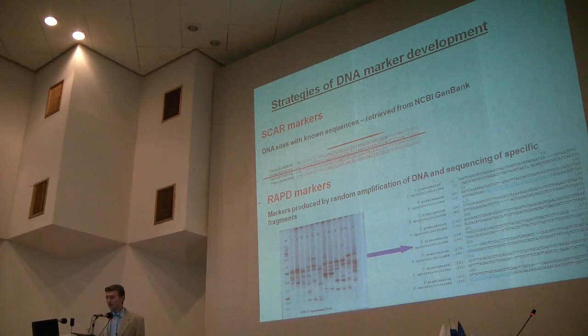There are some strategies for DNA marker development. The first strategy is using DNA sites with known sequences retrieved from databases such as GenBank of the National Center for Biotechnology Information for primer design. And another approach is the use of markers produced by random amplification of DNA and subsequent sequencing of specific fragments, RAPD markers, random amplification of polymorphic DNA.